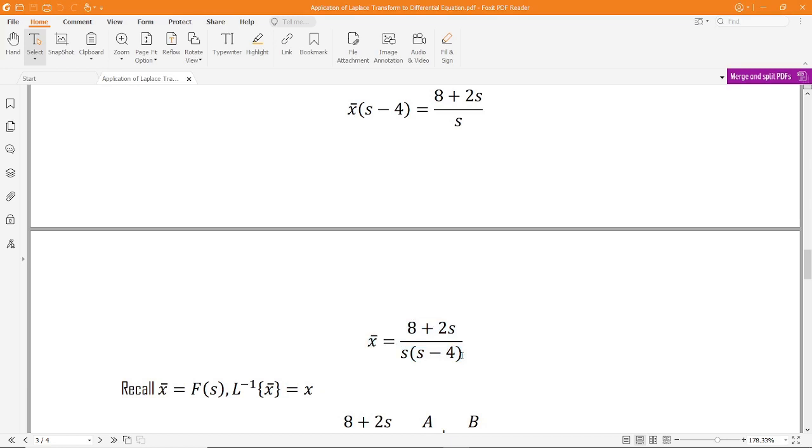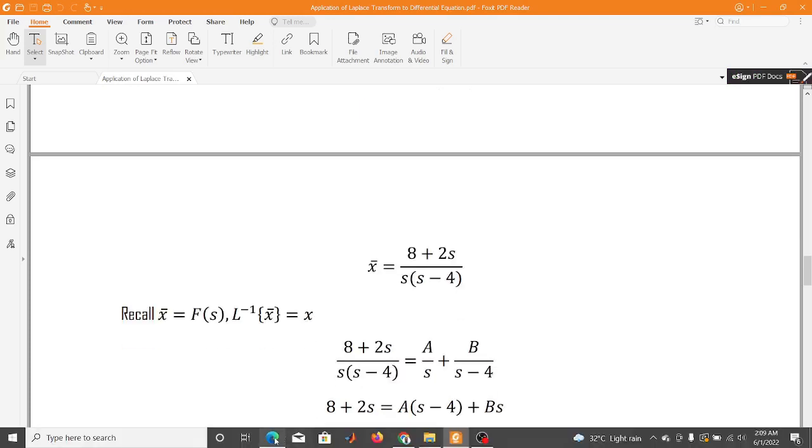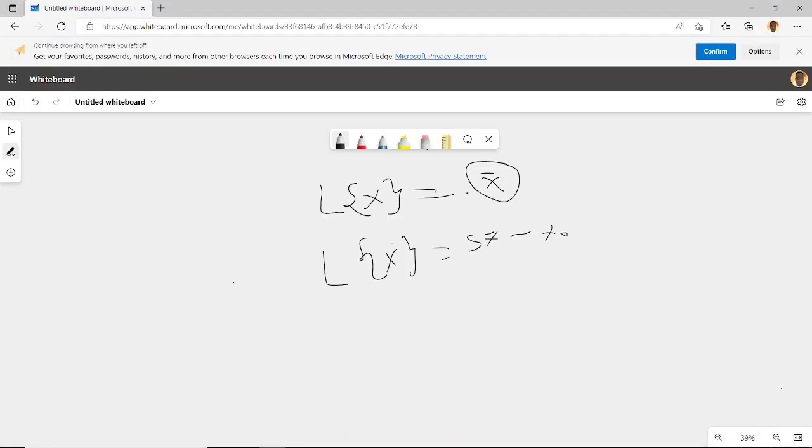The next thing is to find the inverse of this problem that you have here. So the inverse of (8 plus 2s) divided by s into (s minus 4). The inverse of this will give us the x itself, because from here we know that the Laplace of x gives us x bar.